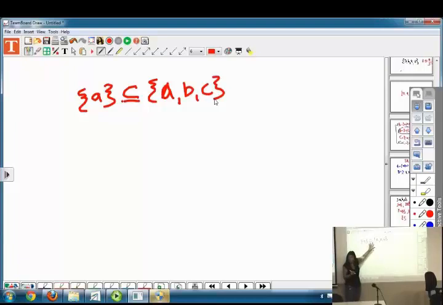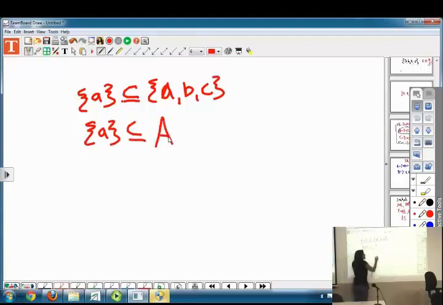Set A is a subset of this set ABC. Since we defined ABC on the other page as being capital letter A, I could also write it as A is a subset of capital letter A, because capital letter A was defined as the set ABC. So I could write these either way.